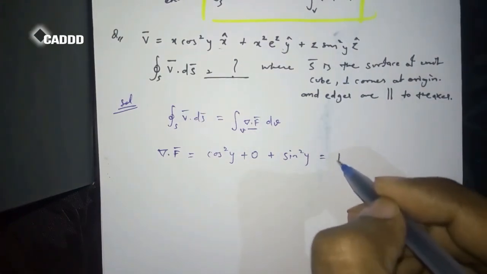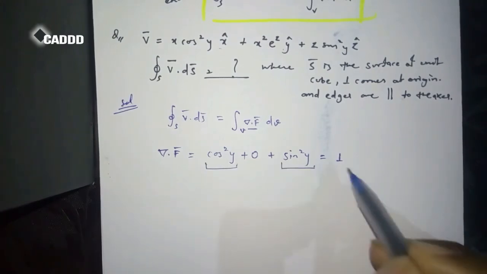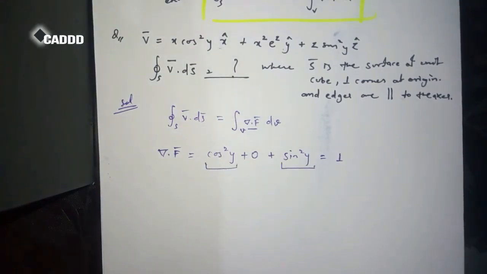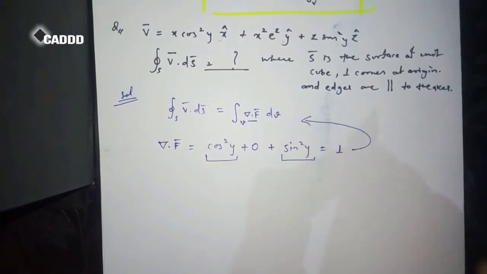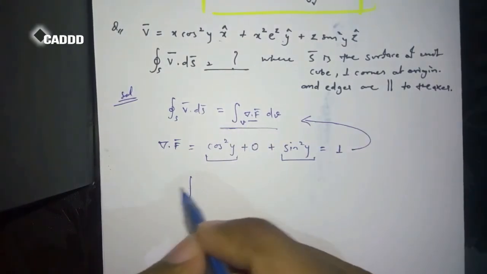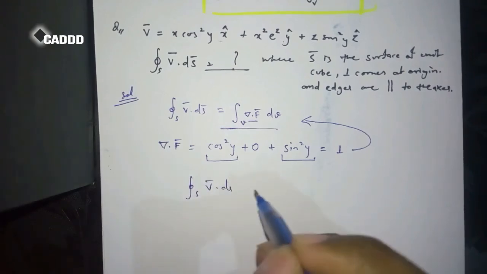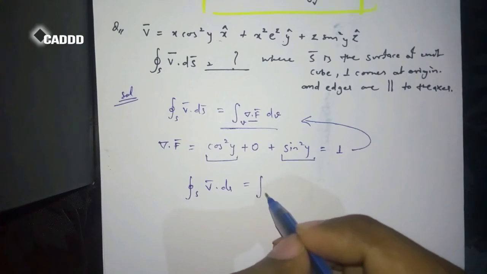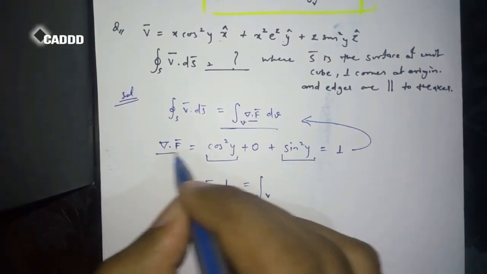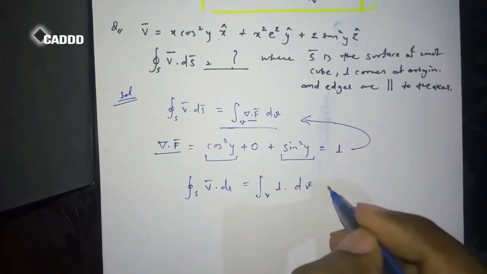So this thing will be 1. Okay, by trigonometric identity, cos square y plus sine square y is equal to 1. So putting this thing in this equation, we are getting this thing as volume integral of divergence of field, which is 1 dot dv.